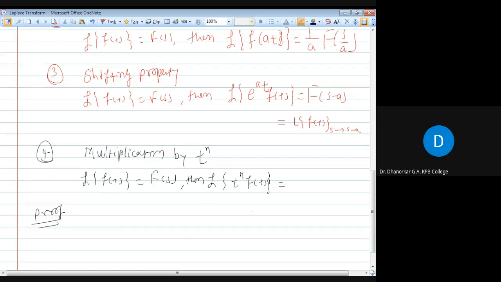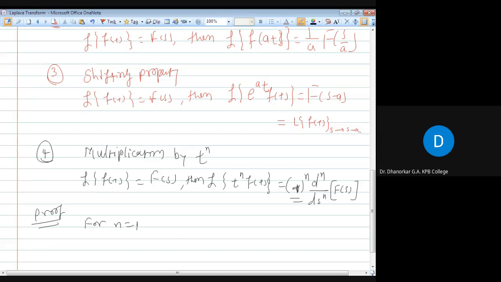Actually, if we complete this formula, the formula becomes this way: minus 1 raised to power n, d^n by ds^n, the nth derivative of this function. Find the nth derivative of this function, and then multiply by minus 1 raised to power n. Now we'll prove this theorem for n equal to 1.